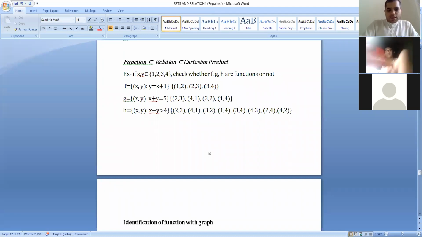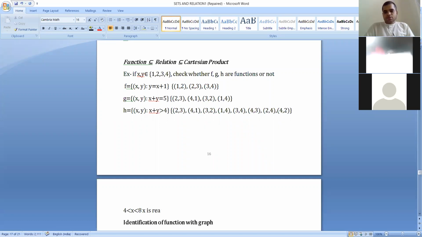Intervals means that if you have to write this thing, x is less than x less than 8 and x is real.